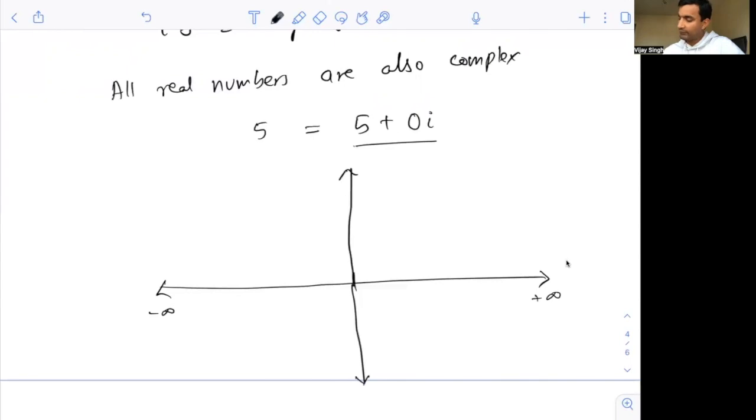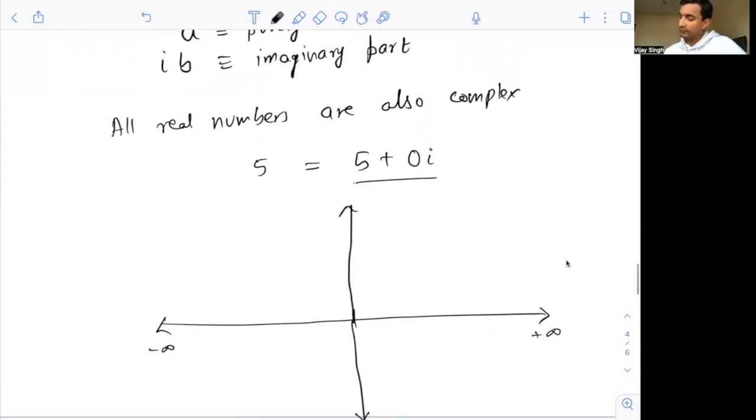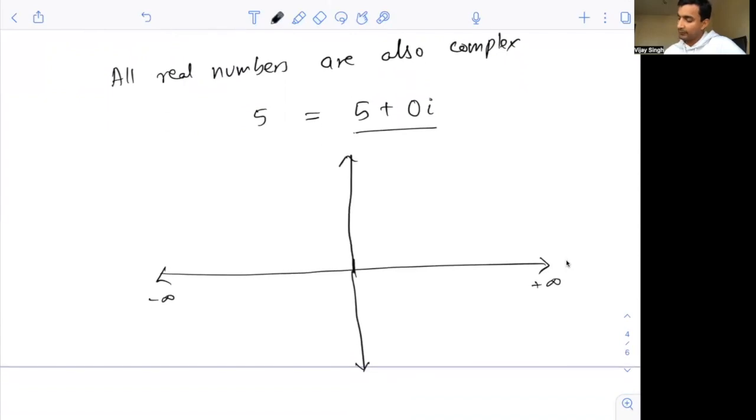In this number plane, the real part is represented along the x-axis, and the imaginary part you can think of as the y-axis.